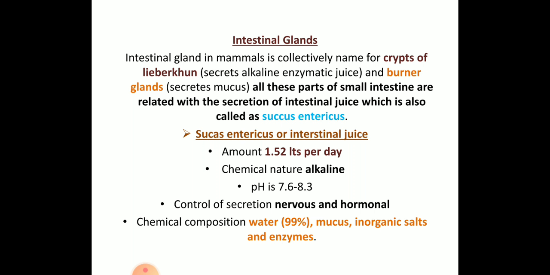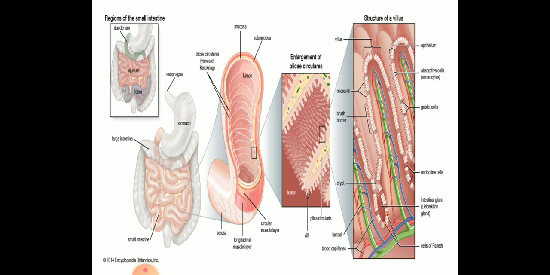Succus entericus is secreted around 1.5 liters per day. Chemical nature is alkaline, pH is 7.6 to 8.3, and the secretion is controlled by nervous and hormonal secretions also. Chemical composition: 99% water, mucus, inorganic salts and enzymes.